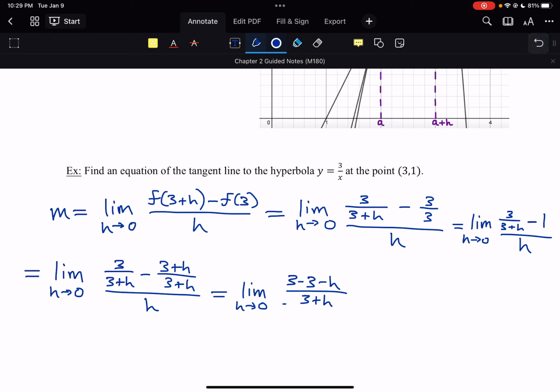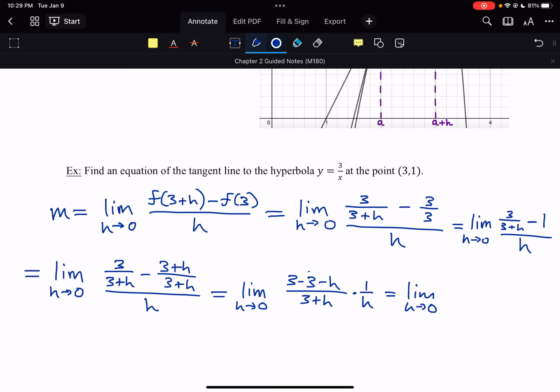And you know what we can do? Instead of keeping this all over h in this complex fraction here, dividing something by h is the same thing as multiplying it by 1 over h. Division is just multiplication by the reciprocal. So we can go ahead and just multiply this by 1 over h, and that's exactly the same thing.